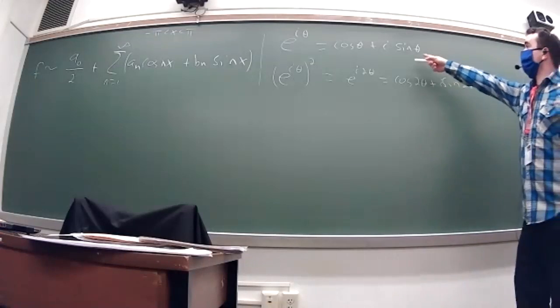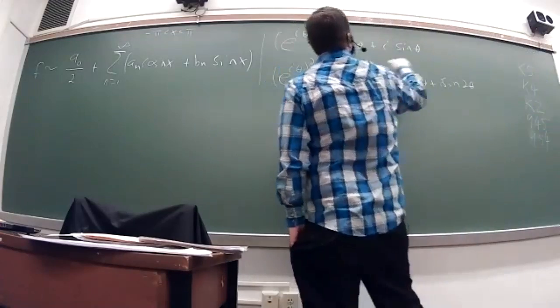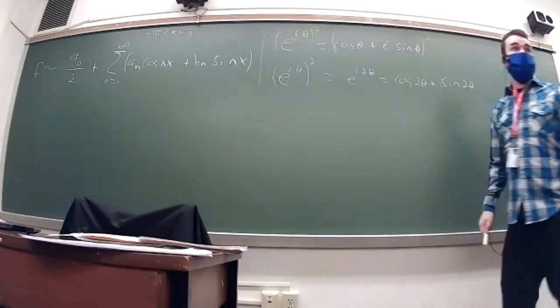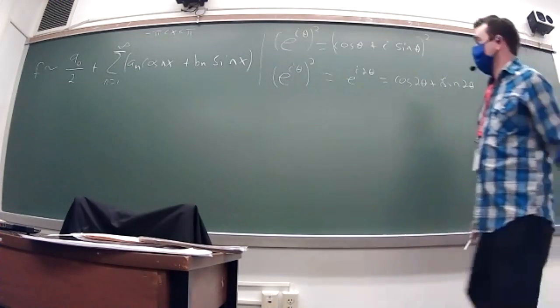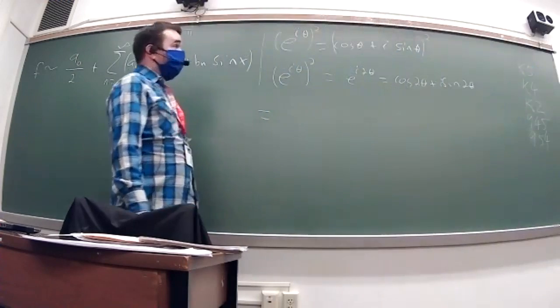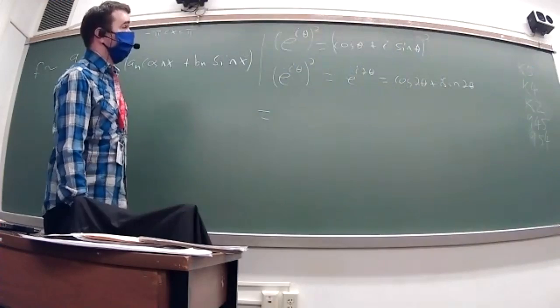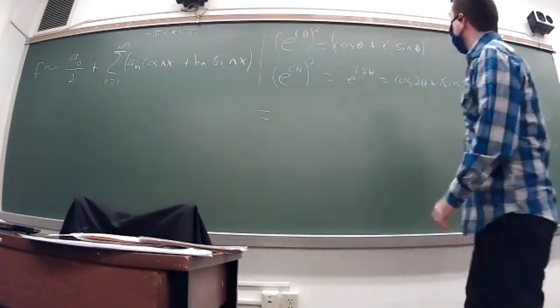On the other hand, the square of this should be equal to that squared. And if you just square this and use that i squared is negative 1, then you'll get this nice result. So what do we get?